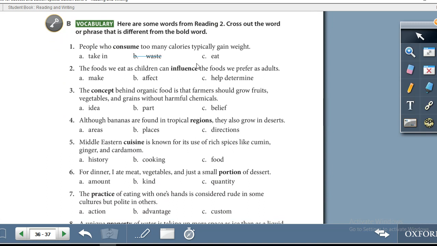So it says exercise B, vocabulary. It says here are some words from reading 2. Cross out the word or phrase that is different from the bold word. Now, immediately the instruction is only, let's say, 2 sentences, right?